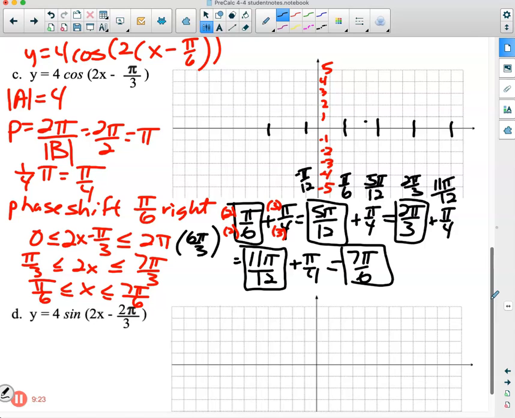So 1 pi over 12, 2 pi over 12, 3 pi over 12, 4 pi over 12, and 4 pi over 12 would reduce to a negative pi over 3. 5, 6, 7, negative 7 pi over 12. 8, 9, 10, negative 10 pi over 12, which reduces to negative 5 pi over 6. And then I won't be able to get to another one on the other side.